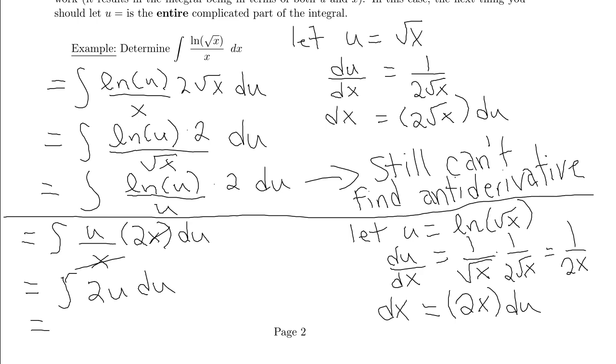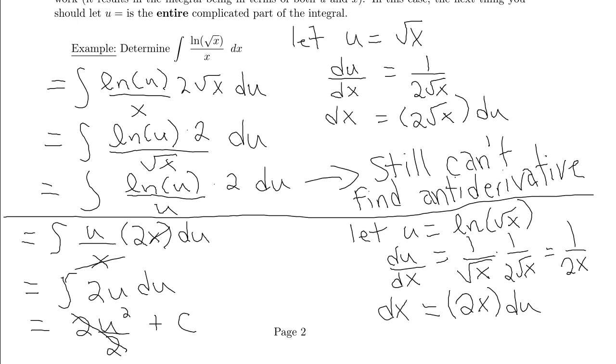So now we just need to find the antiderivative of 2u. Well, that's just the power rule again, so that's going to become 2 times u, and we increase the power by 1, so it's u squared, and then we divide by the same exponent, so divided by 2, plus c.